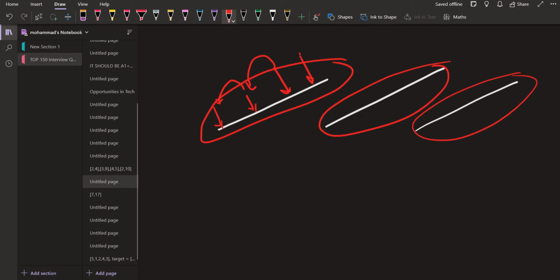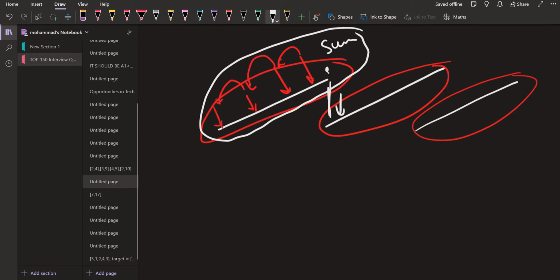If we are on this element, it is also greater than the previous one. So I picked the summation till this point, and as soon as I compared these two elements, this element is not greater than this, so in that case this was the summation, and I compared it with the answer, changed the answer accordingly, and then started taking summation of this part.